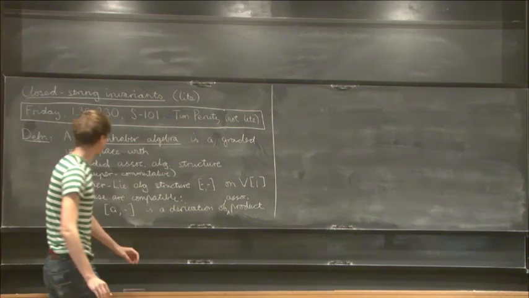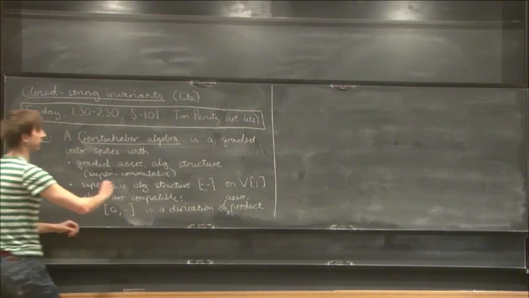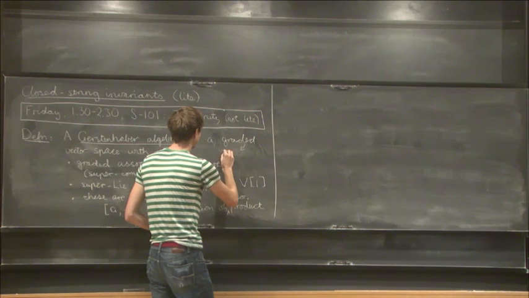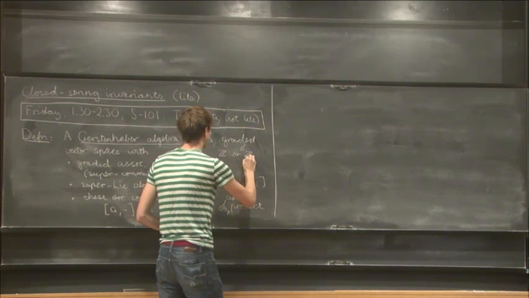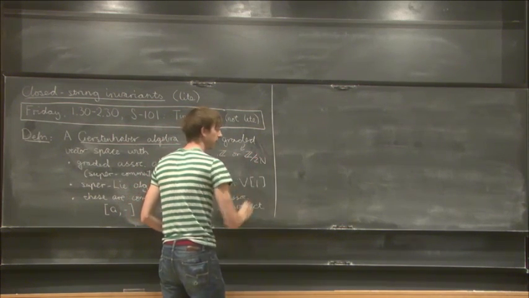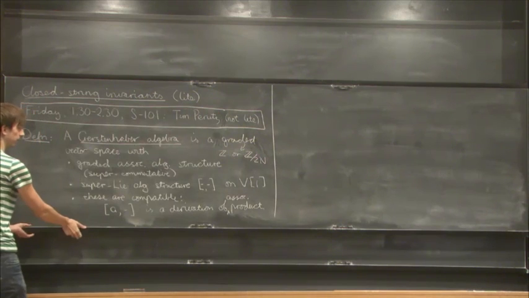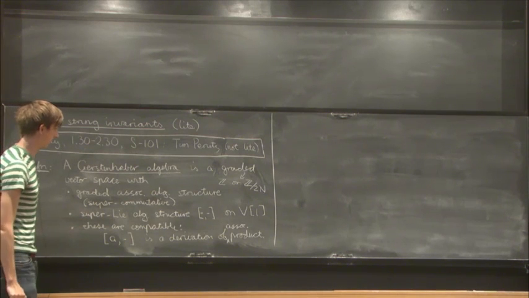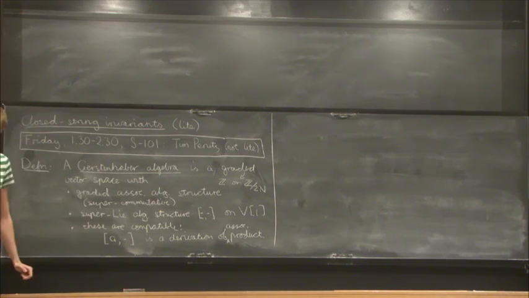There are, but basically, as far as we'll be concerned, the grading is Z or Z mod 2n, although other things come up in this context.